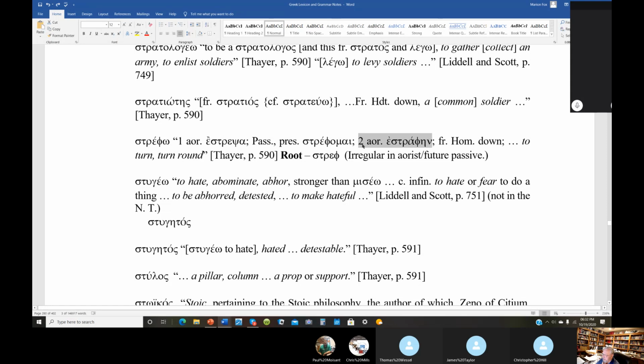Right here, you notice the stem changed. I added this stem to it right here. There's your root rather.